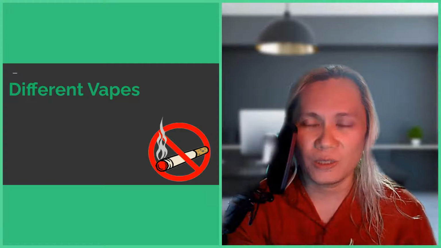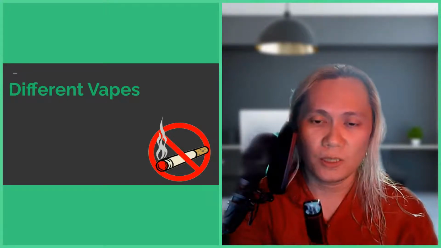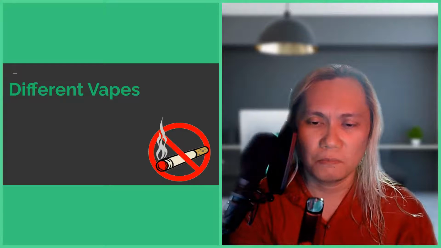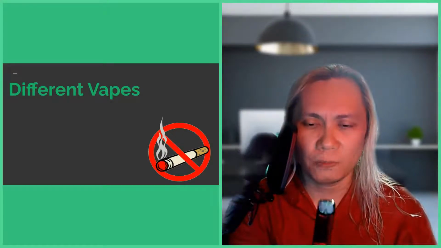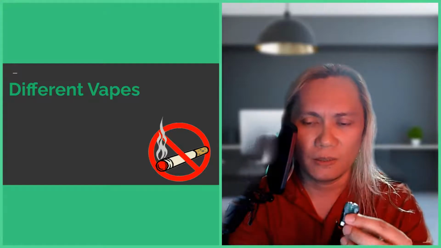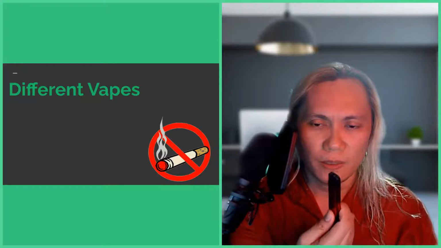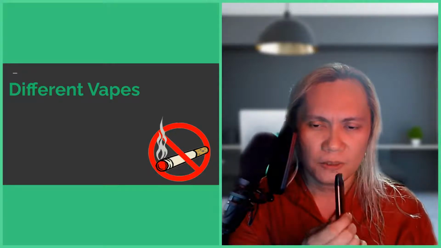This is not for cloud chasers, as they call them. And this is a simple system. If it gets broken, you replace the pod, this one. So there. This is actually good enough.